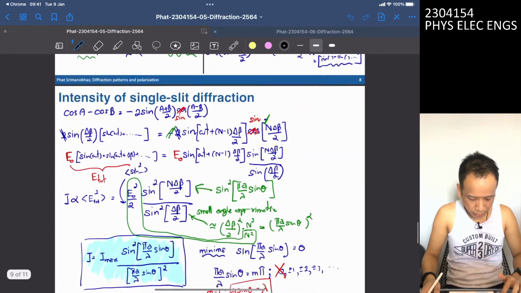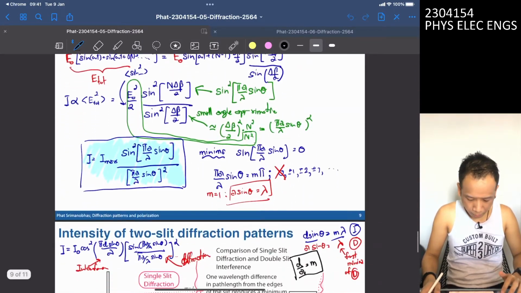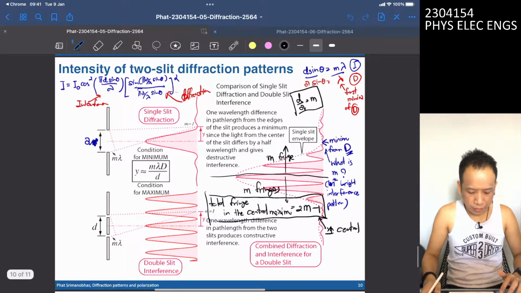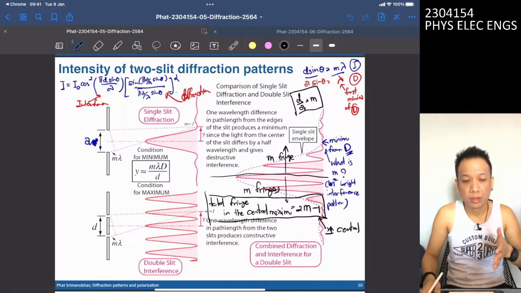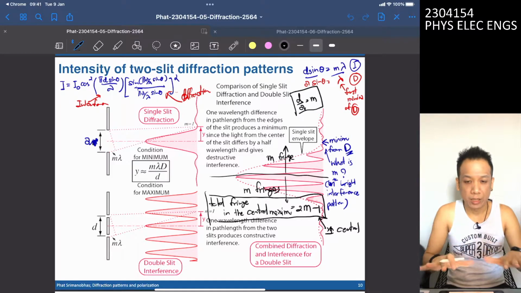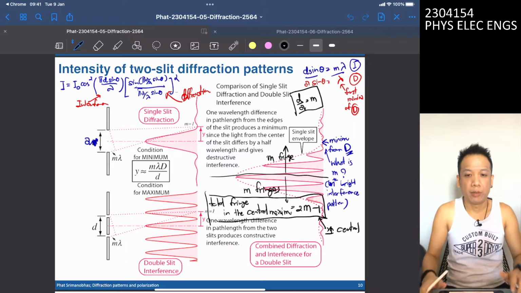Then we proved the intensities, and we said that when we have a system with slits, for example the Young double slit experiment, what we're going to see is basically the combination of the interference pattern and the diffraction pattern. So you multiply the intensity from the two phenomena together, and that's what you're going to see in the experiments.